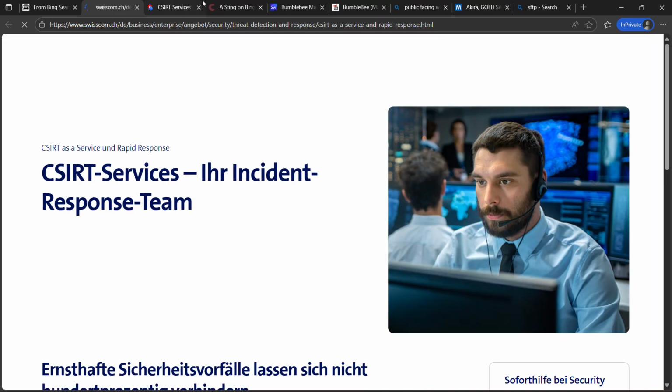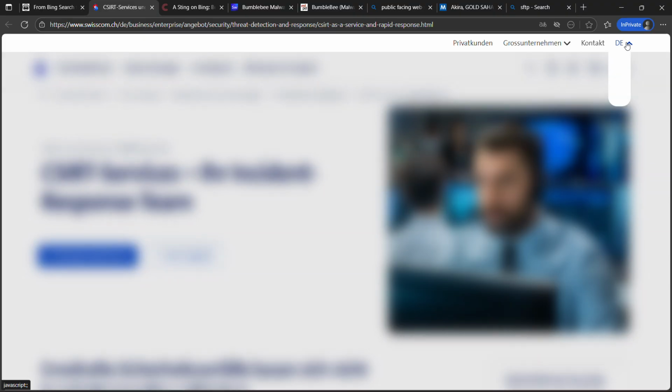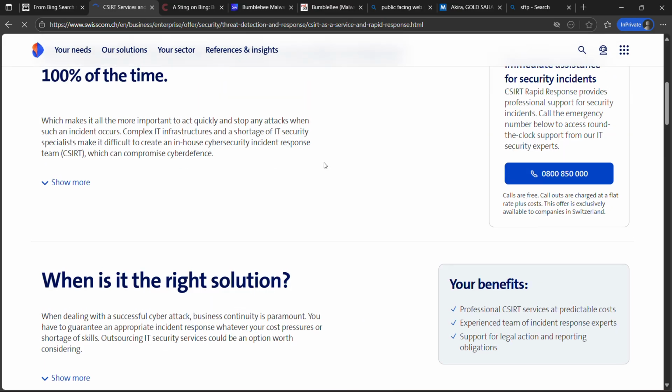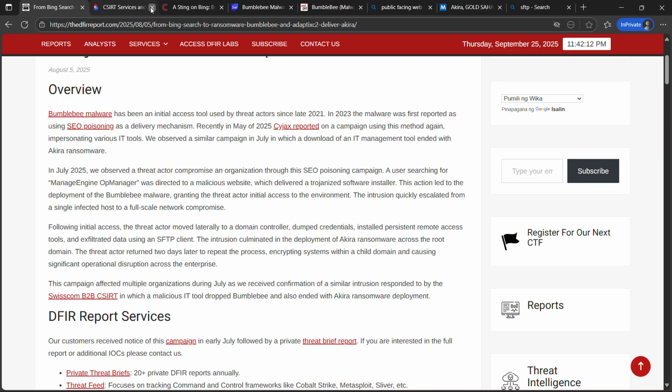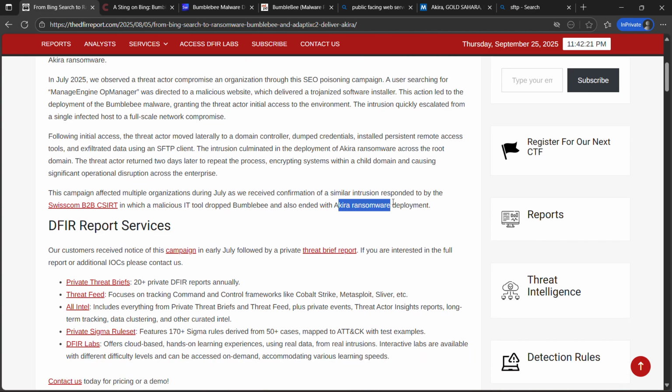What? Oh, it's not. I thought it was an article. It's not. Swisscom, in which a malicious IT tool dropped Bumblebee and also ended with AKIRA ransomware deployment.